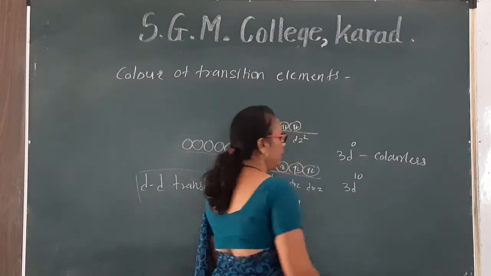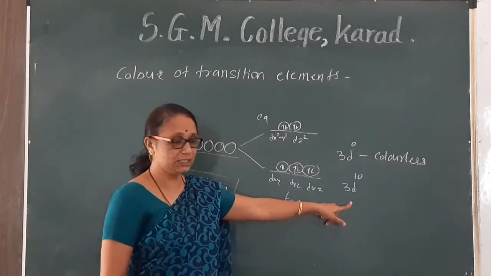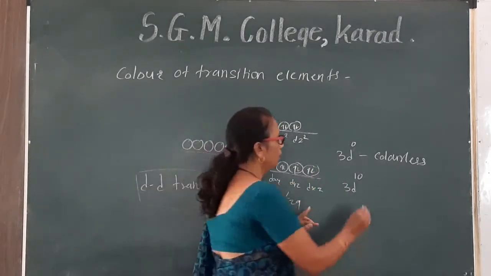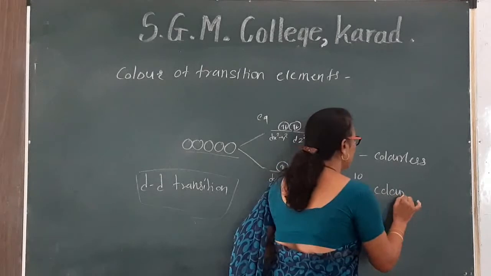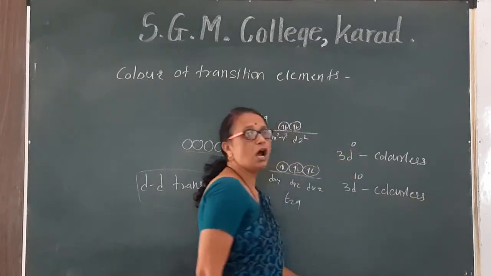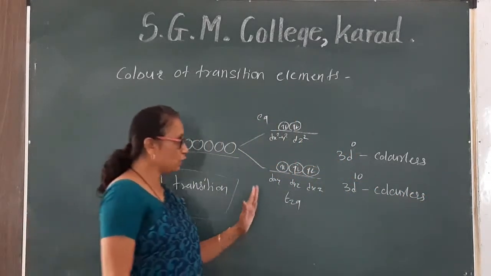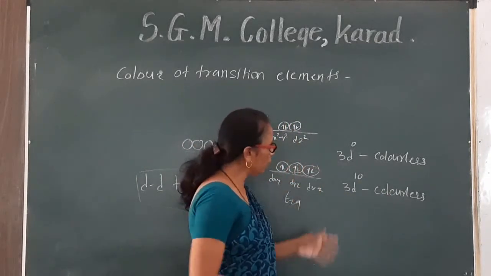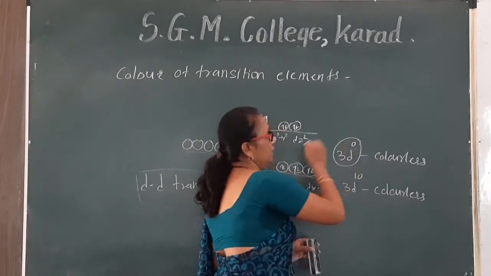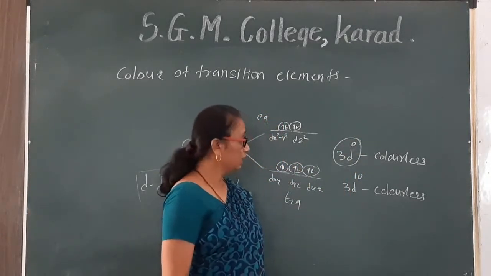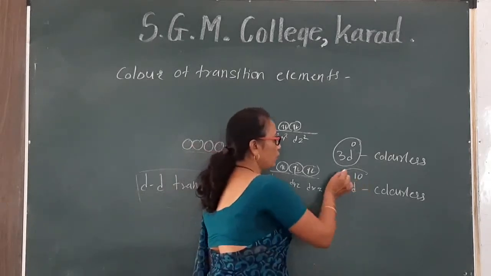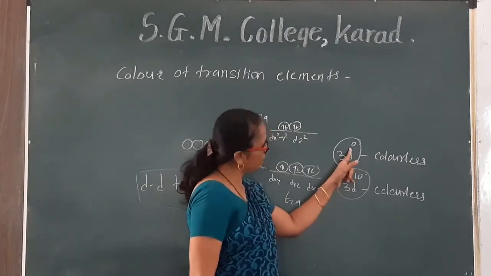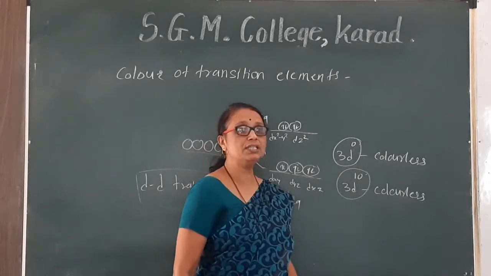If the electronic configuration of that ion is 3d10, then the d orbitals are completely filled, and it is also colorless. So 3d0 is colorless, and 3d10 is also colorless.